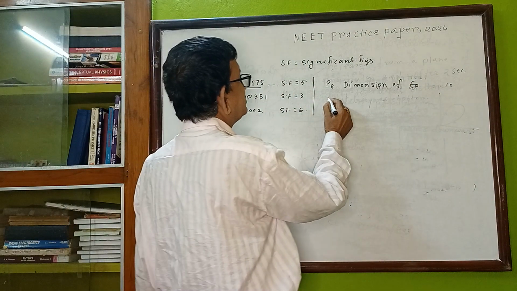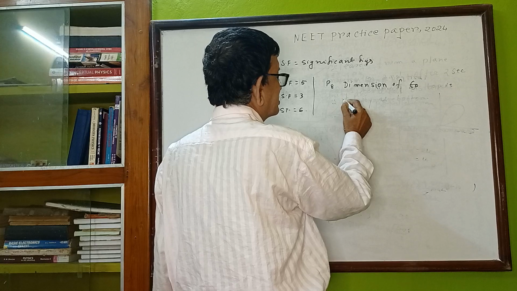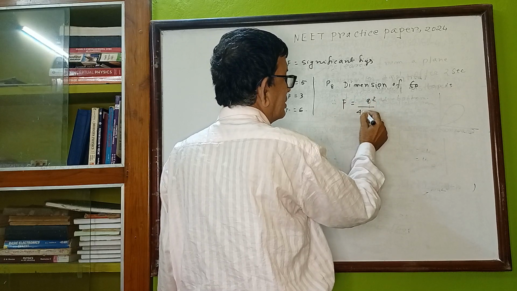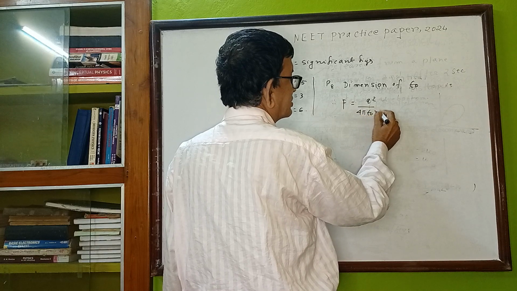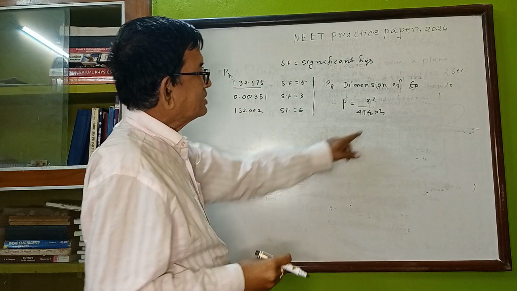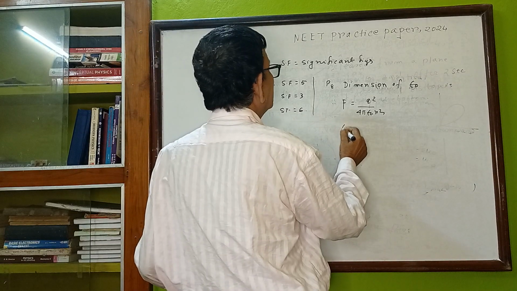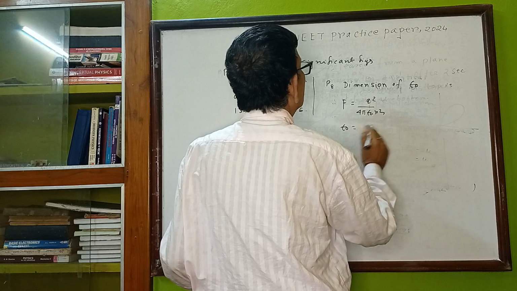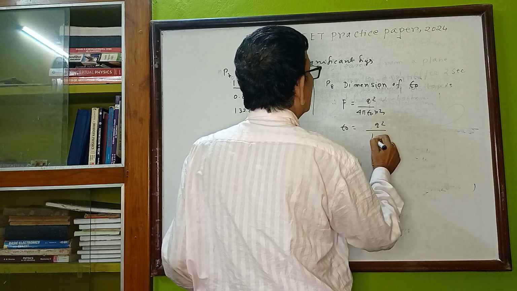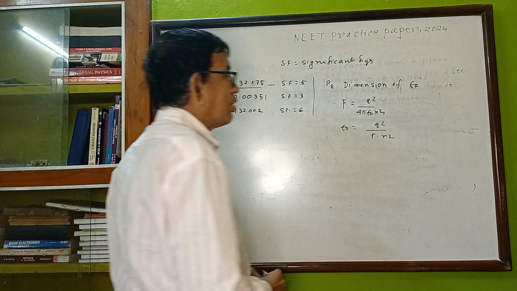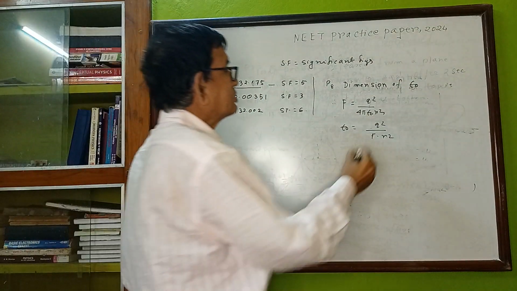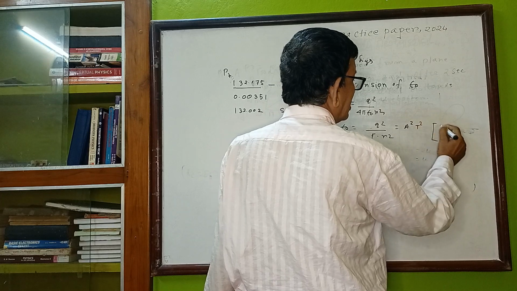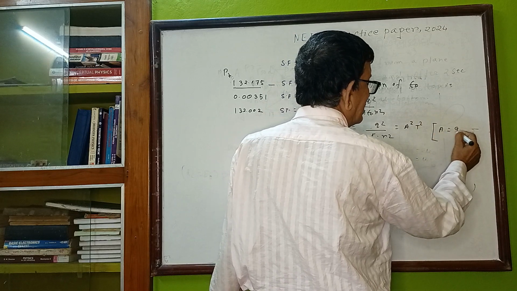You see, Coulomb force you know, F equals q square by 4 pi epsilon naught r square. You see epsilon naught is there, so you are getting epsilon naught equals q square by F into r square. Put all the dimensions on the right-hand side. Q square means A square T square, because you know I equals q by t.